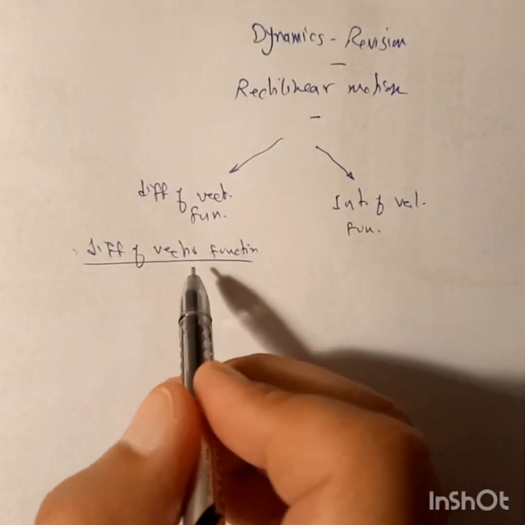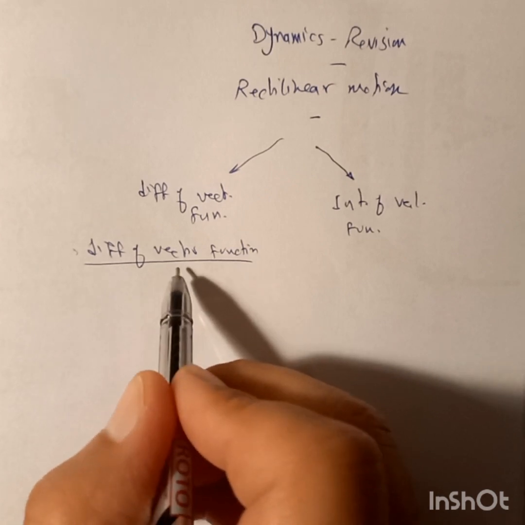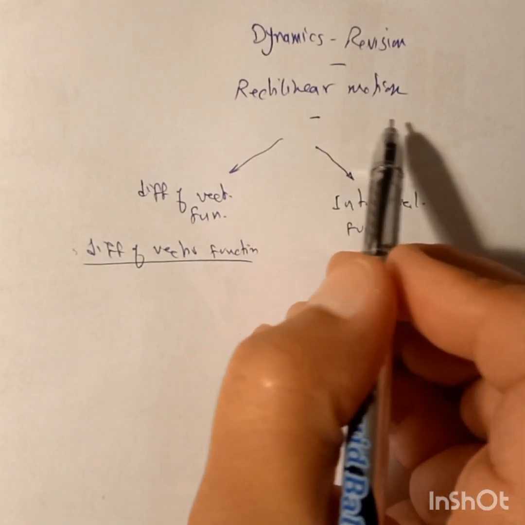Differentiation of vector function. First, we have four vectors relating to the motion of the body in a straight line.